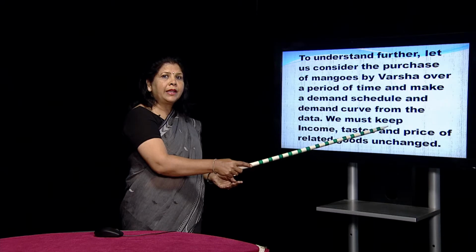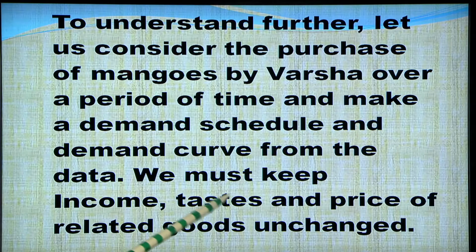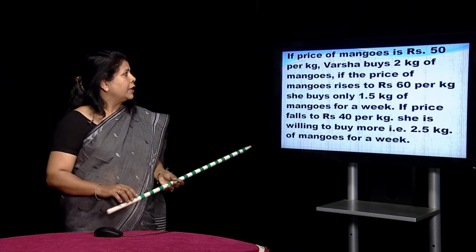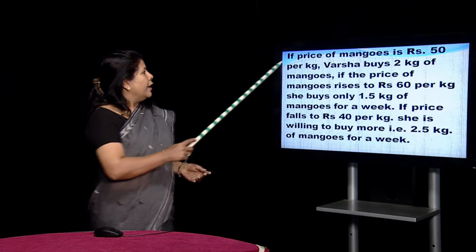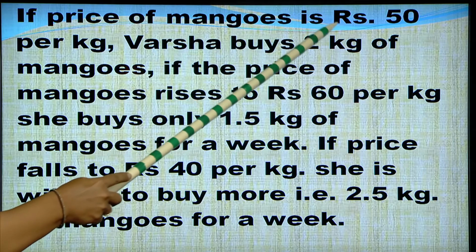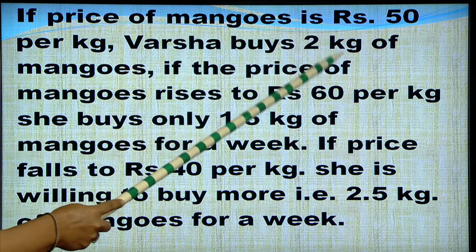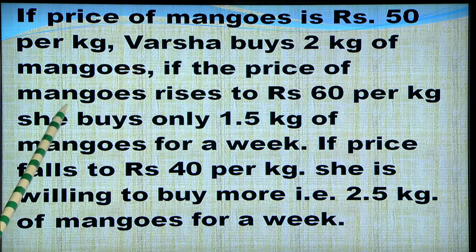We have to understand that income, tastes and preferences and price of related goods remain unchanged as we study only the price of the commodity. If the price of mangoes is rupees 50 per kg, Varsha buys 2 kg of mangoes.